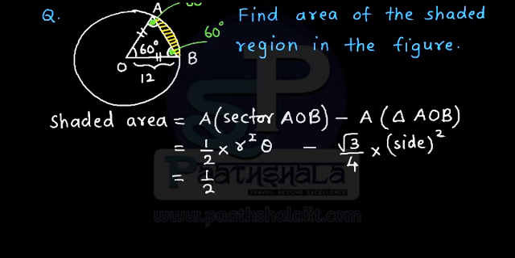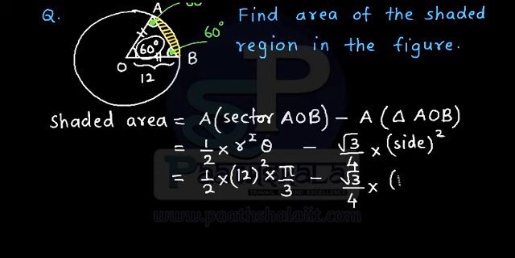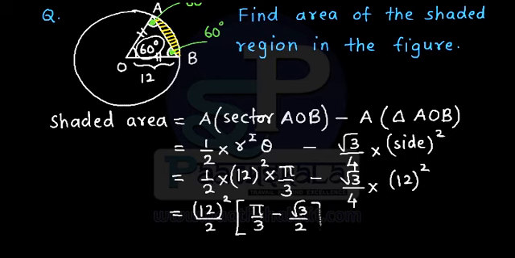So therefore substituting the values, we have 1 by 2 into 12 square into, now 60 degrees in radians is nothing but pi by 3, minus root 3 by 4 into the side of the equilateral triangle, which is the same as the radius, 12, so 12 square. Now we can take 12 square upon 2 as common from both, so that leaves pi by 3 minus root 3 upon 2, so that equals 72 times that.